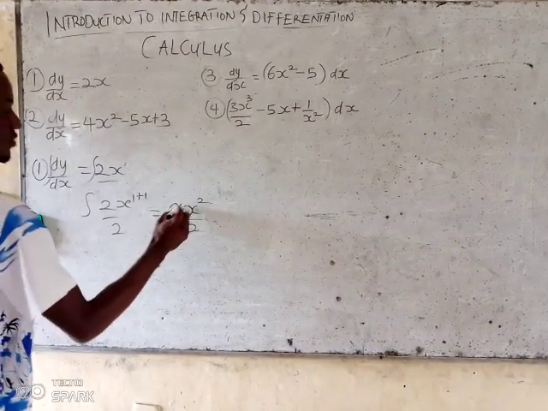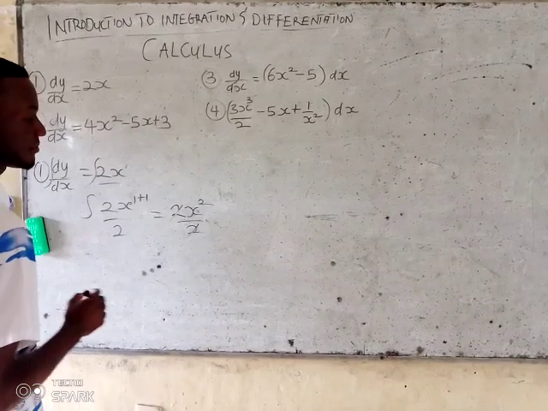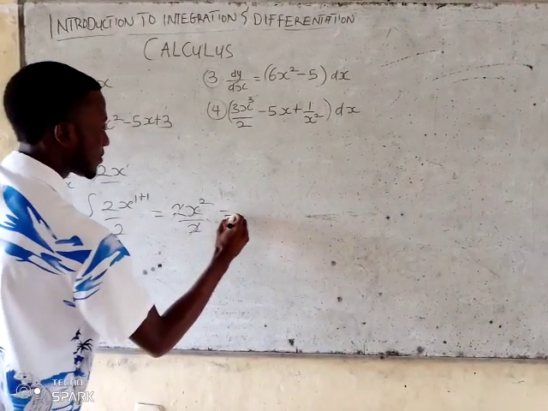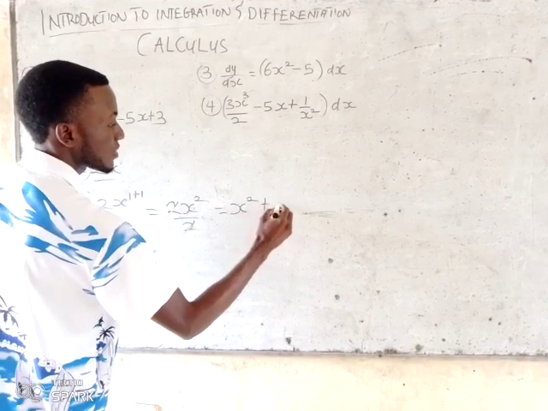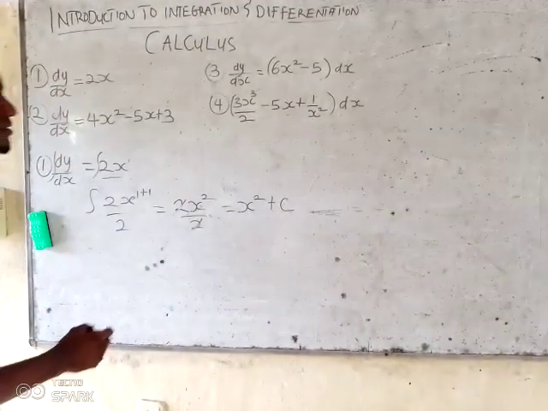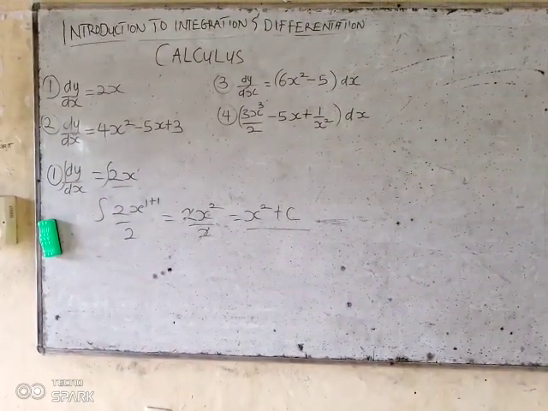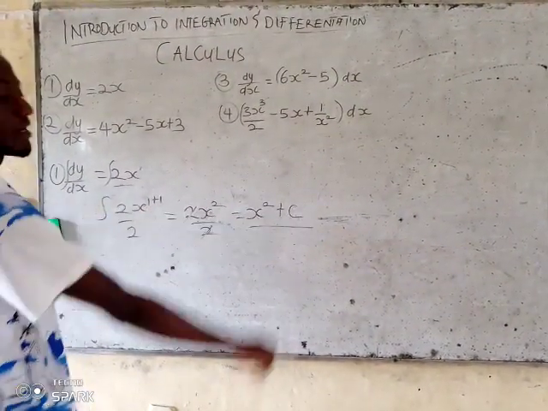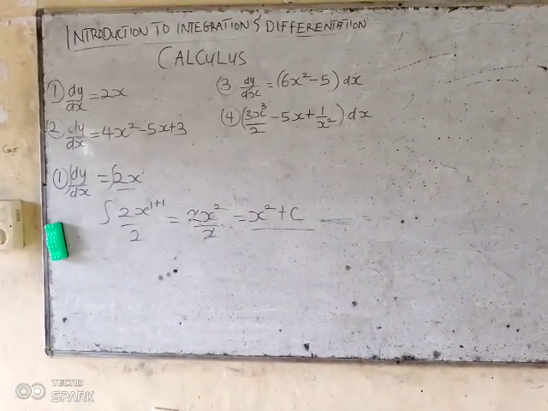You see that 2 can cancel 2 to remain s squared. That's also equal to s raised to the power of 2 plus your constant of integration. This is the final answer. You have to add this to show that you are integrating. This is the constant of integration. Okay, let's go to the second question.